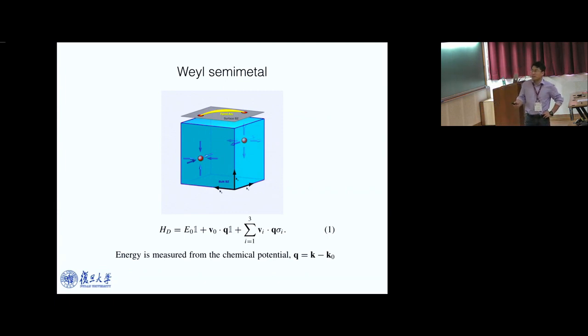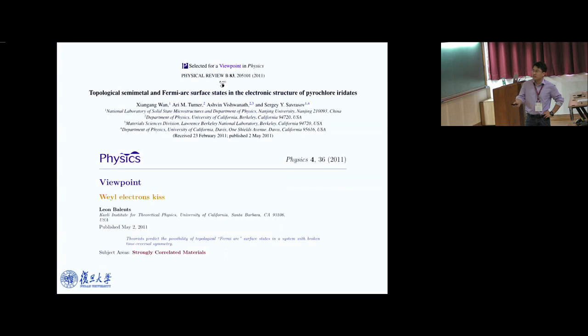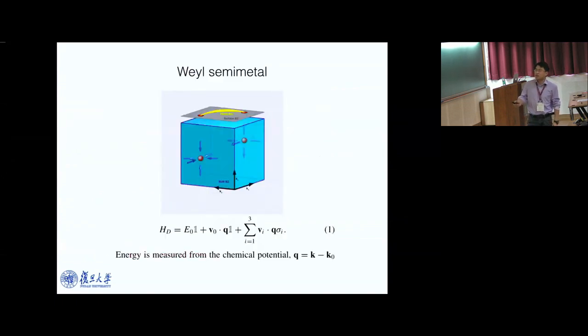It turns out that sometimes the Fermi surface is composed of a few discrete momentum points rather than a surface. The conduction band and valence band touch at a point. These points are called Weyl points. They are not at some particular high-symmetry momenta, but at arbitrary momenta, and these degenerate points always appear in pairs.